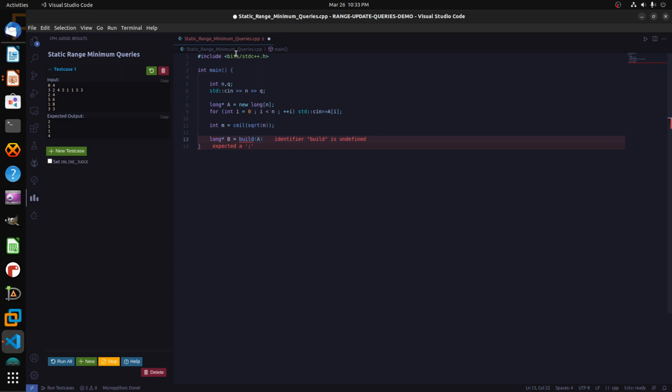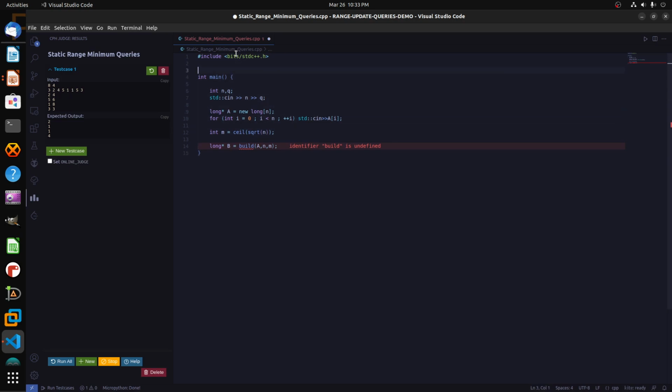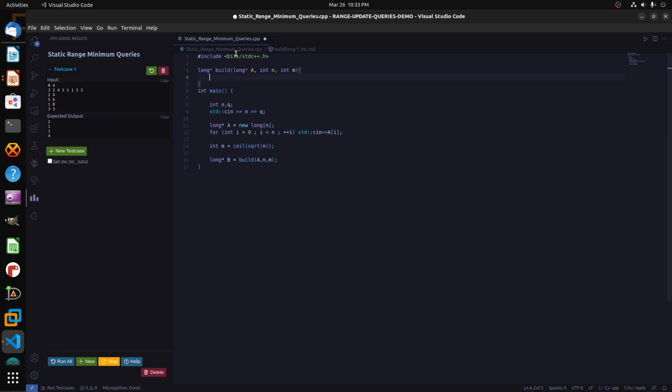We will take as parameters the original array A, the size of the original array, and the size M of the array of blocks.